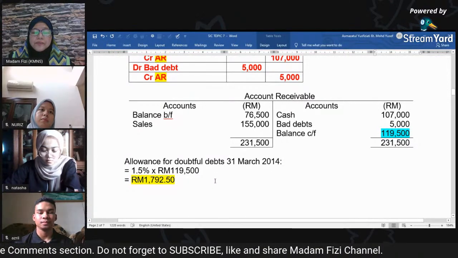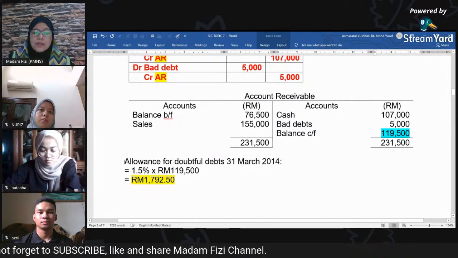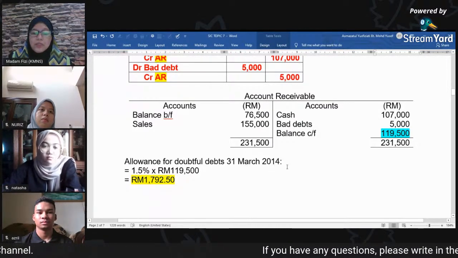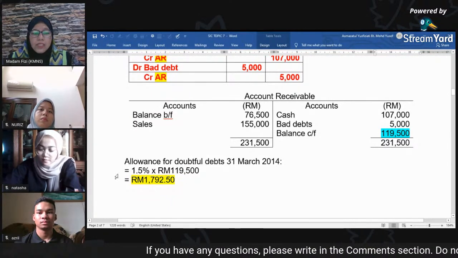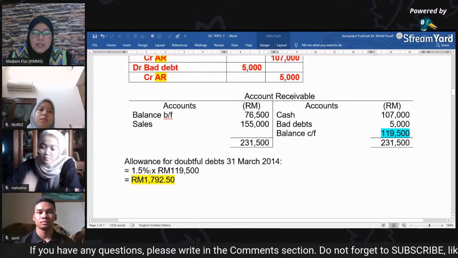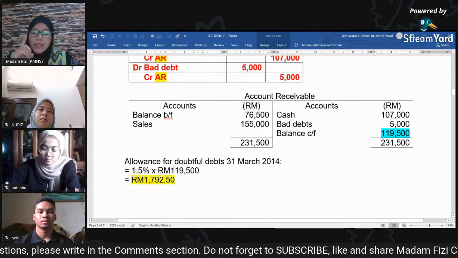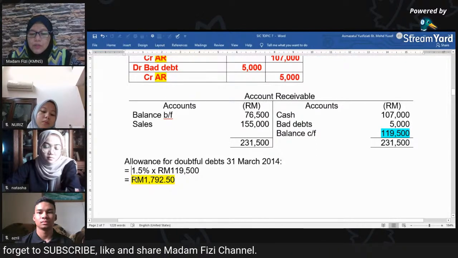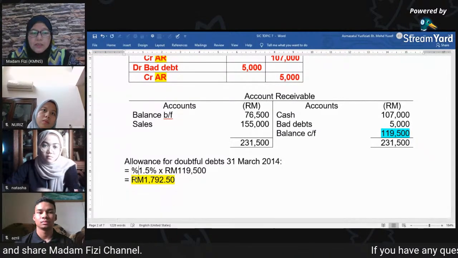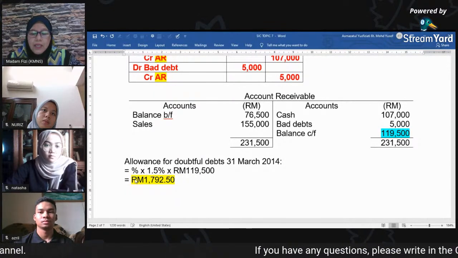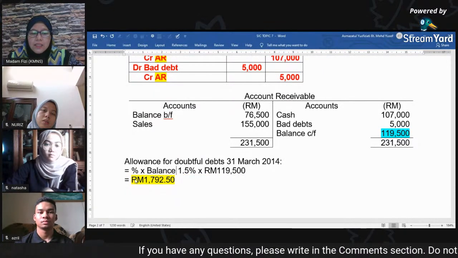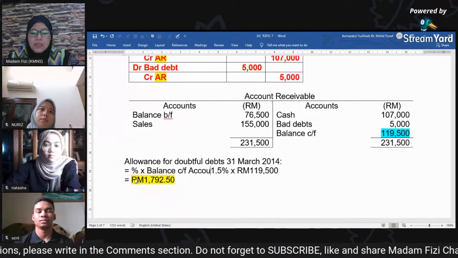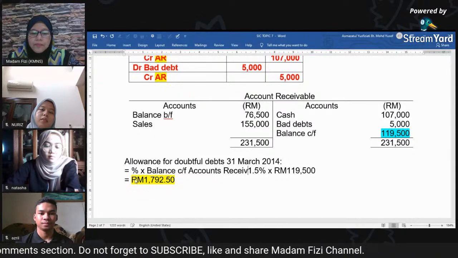Okay. So now kita nak kira. Kita nak calculate the allowance for doubtful debt at 31st March 2015. Okay, the formula is percentage darab dengan balance carried forward of accounts receivable. So the formula is the percentage multiplied by the balance carried forward of accounts receivable.